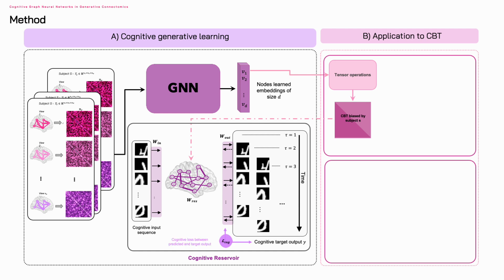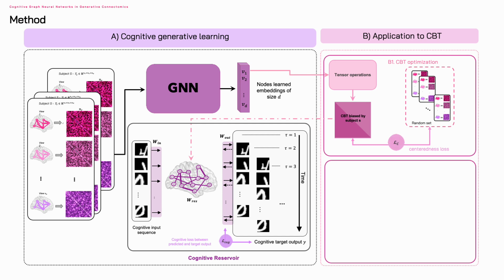To guide the learning process, we perform a co-optimization with two objectives: a centeredness loss that ensures the CBT remains representative of the population, and a cognitive loss that enforces successful recall of delayed inputs, which strengthens the memory-like traits.